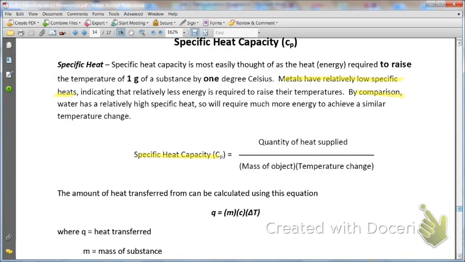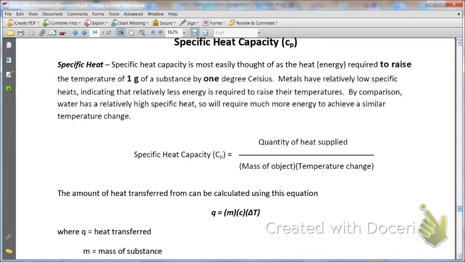By comparison, water has a relatively high specific heat, so it's going to take a lot more energy added to a gram of water to heat it up by 1 degree C. All right. Metals, that's something you should just generally know, that they have low specific heats, and water has a very high specific heat capacity. All right, so make sure you understand that.